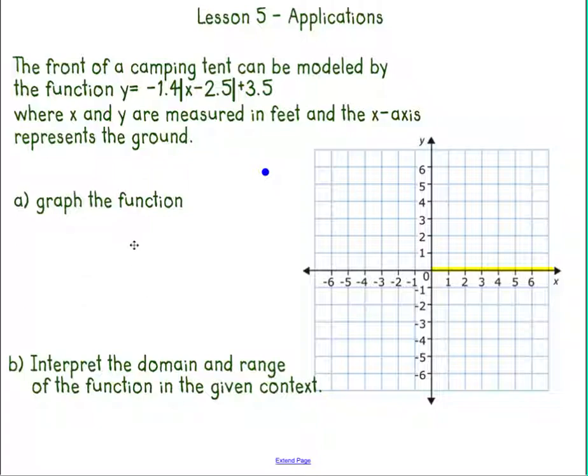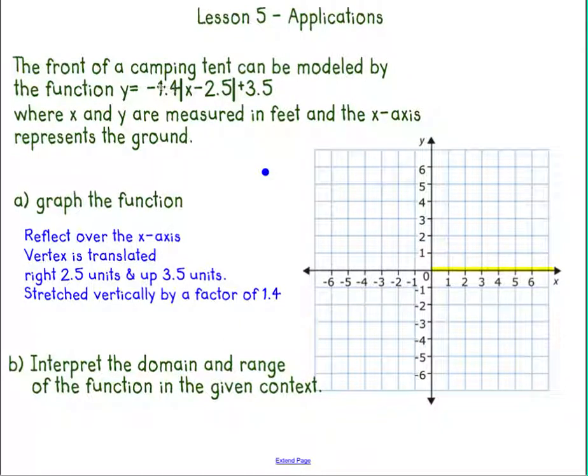So graphing this function, you can look at all the different parts and you should be able to see that you're going to reflect over the x-axis, translate to the right 2.5 units and up 3.5 units, measured in feet, and then stretch vertically by a factor of 1.4.